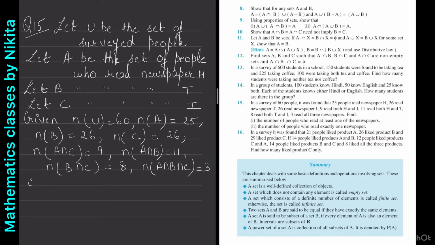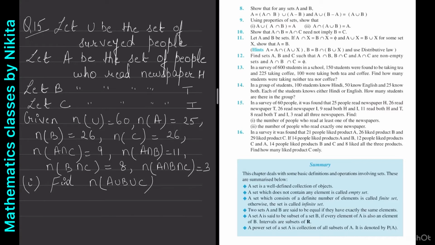Now in the first part you have to find the number of people who read at least one of the newspapers, one or more than one. So that means you have to find the number of people in A union B union C. At least one means you have to find the union.